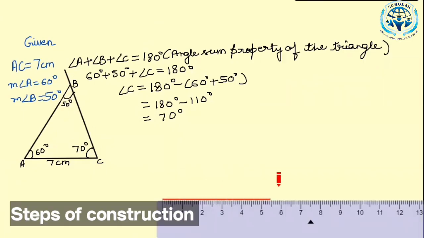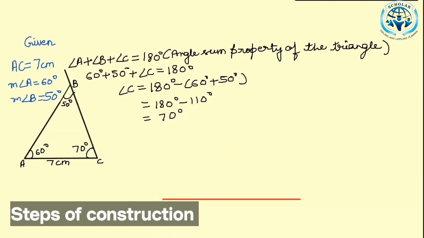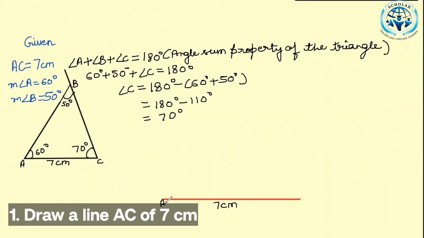First of all, draw the line AC which is equal to 7 centimeter. Using protractor, draw the angle 60 degree.